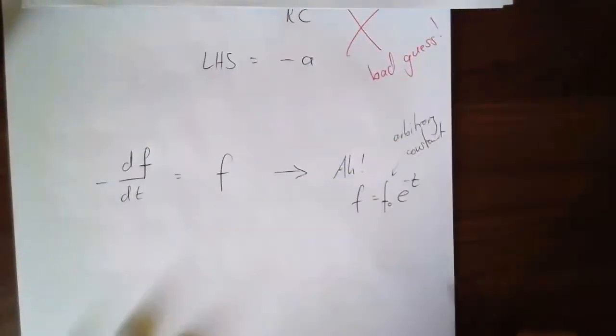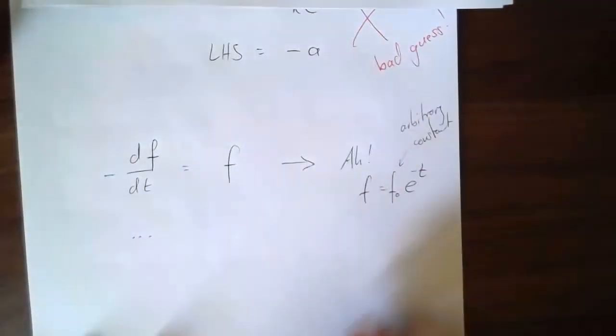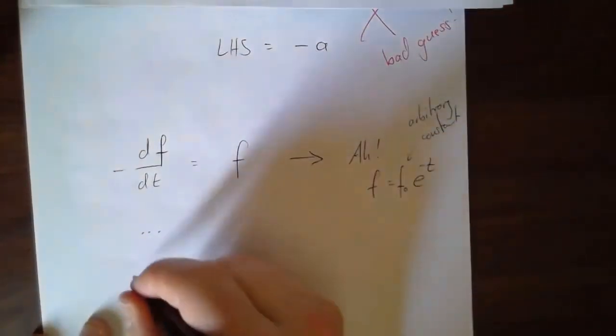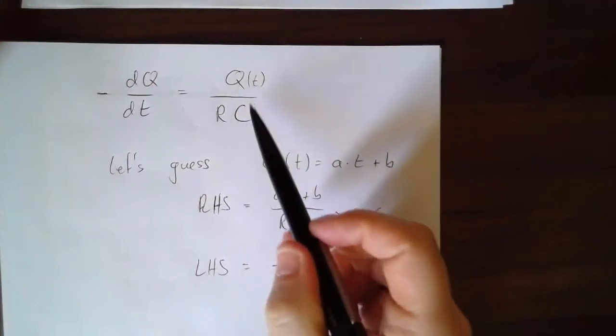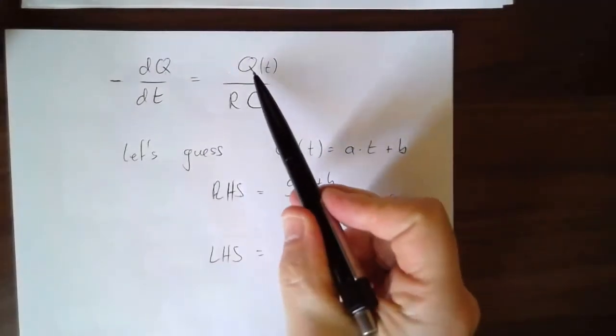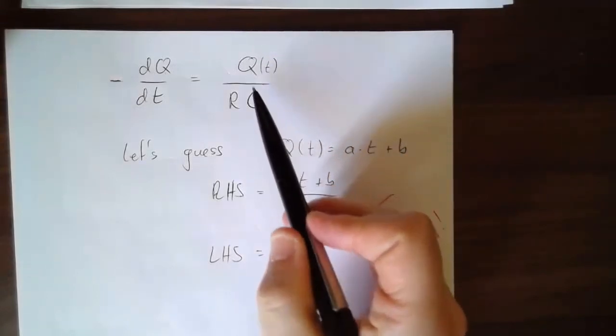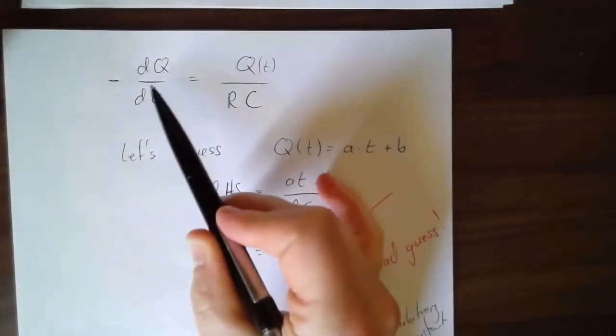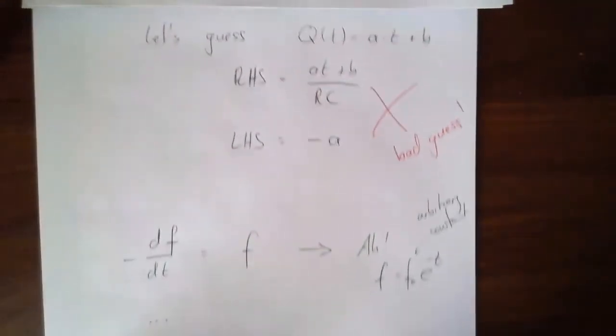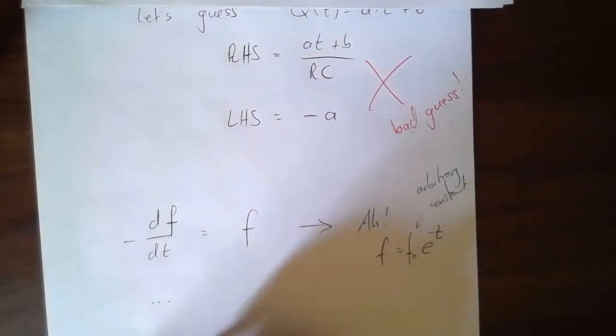You can sort of play around with it. So you play around with it some more, and what we find is the function that makes this one true. It's going to be an exponential, e to the t, but we want to get a minus in this RC factor when we take the derivative. You can check that the following works out.